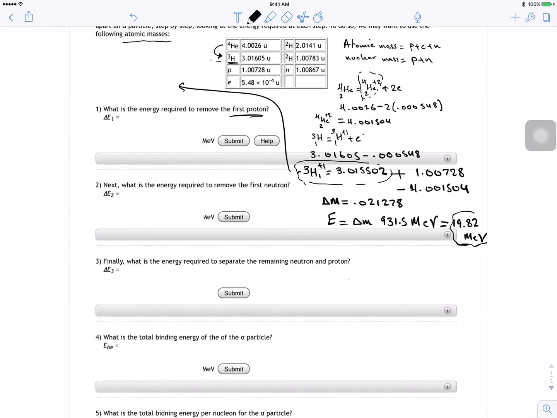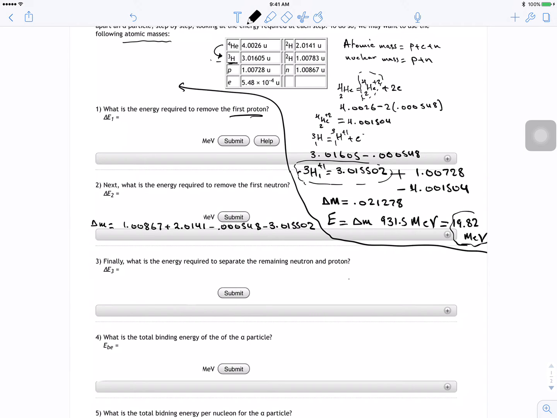For this, delta M equals 1.00867 plus 2.0141, minus the electron 0.000548, minus 3.015502.